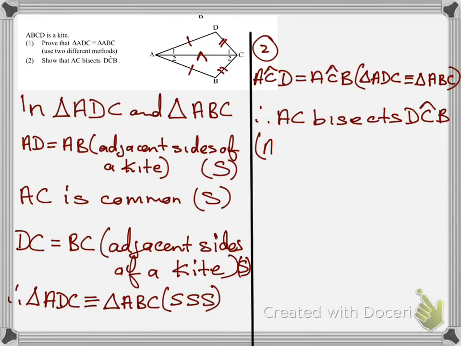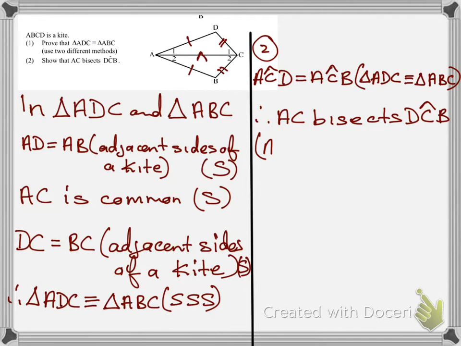Question 2, they say show that AC bisects DCB. So we are going to say angle ACD is equal to angle ACB. Why? Because these are corresponding angles of congruent triangles ADC and ABC.